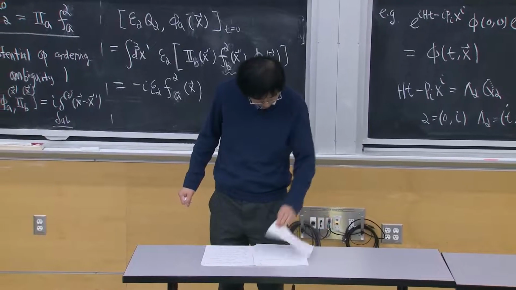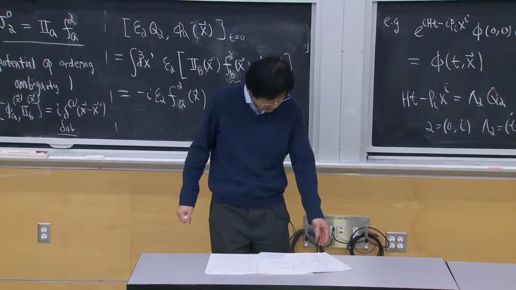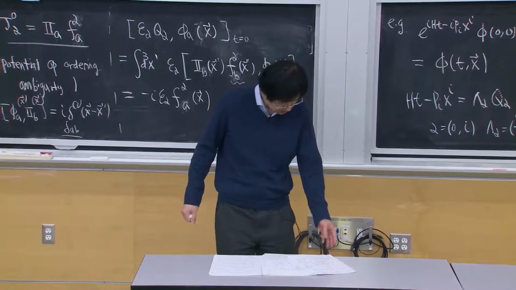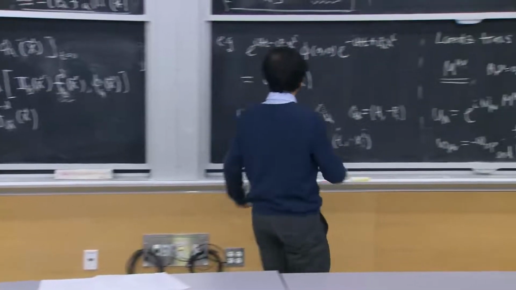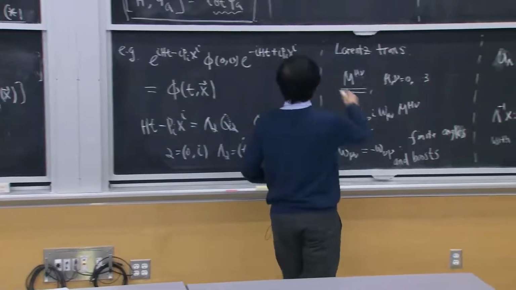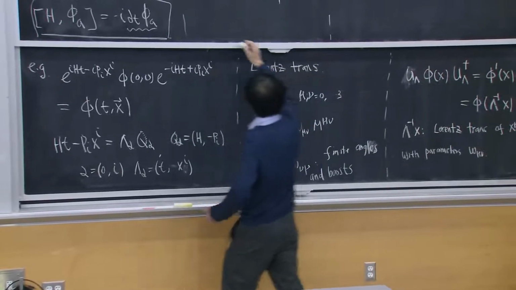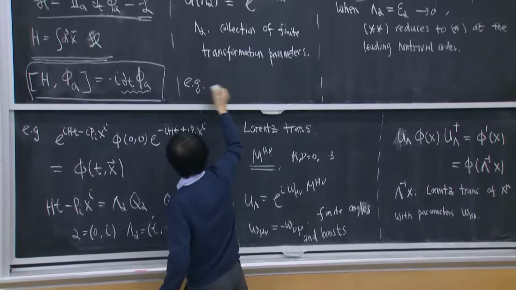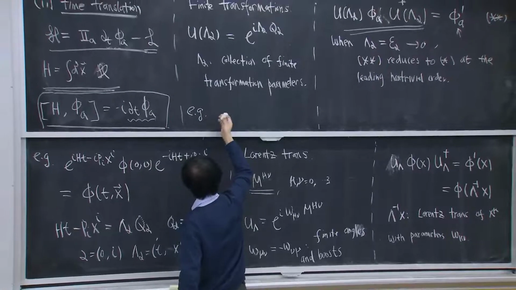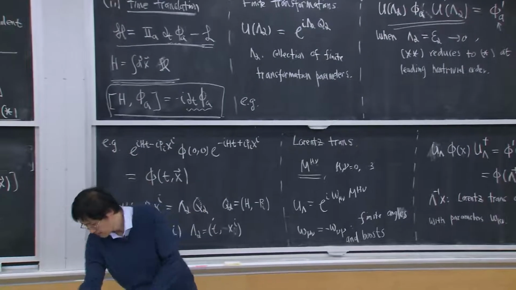Good. So in your P set, another example is the phase rotation. Let me very quickly write it here. Another example is the phase rotation if you have a complex scalar field.